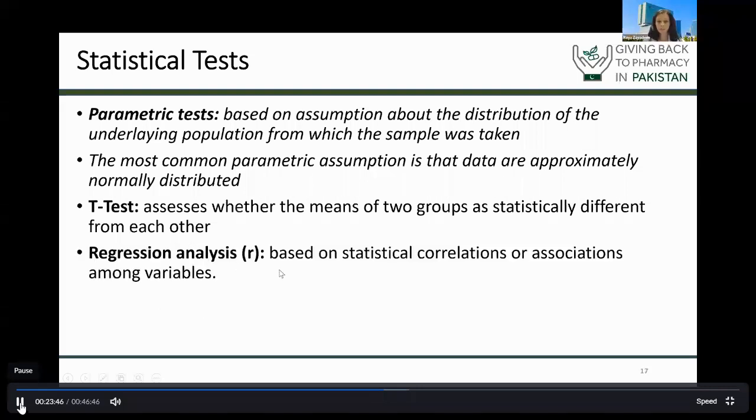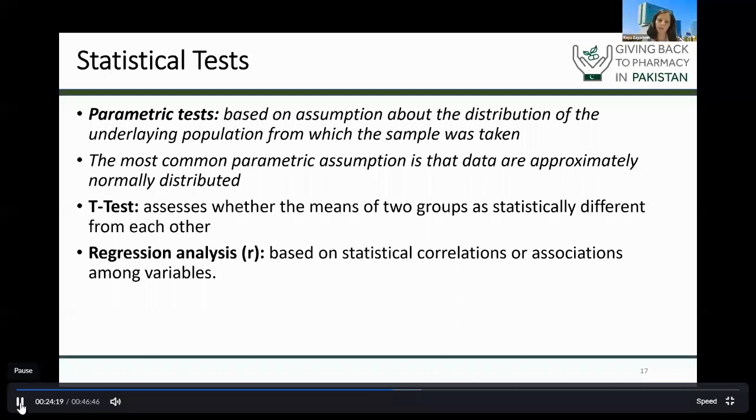Regression analysis, which is the correlation, and I emphasize it's the correlation, not the causation. That's another trick that you might see in the exam. So you have 2 variables, and you want to see how well they correlate to one another. One example I remember is the dose of enoxaparin and the level of factor 10 in the blood. That's one example of correlation.